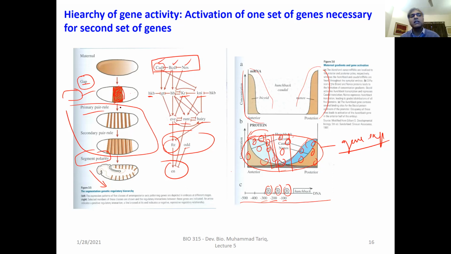And remember, what was the question? The question was how body axes are formed, how pattern formation takes place, how the segmental body pattern is established in flies. And we are getting answers to those in the form of genes which play a role in that segmental body plan.